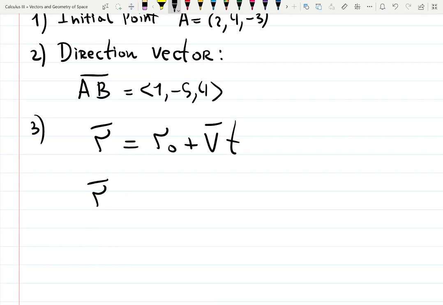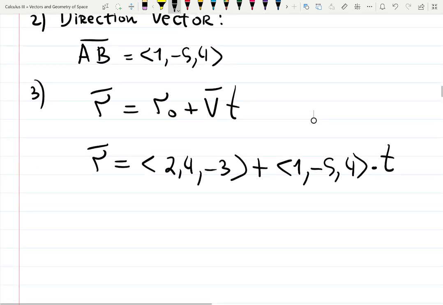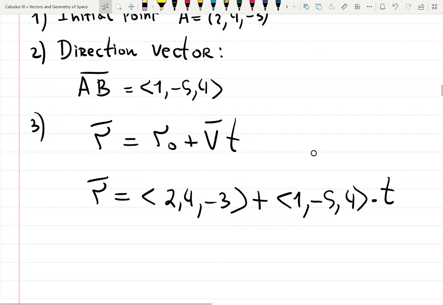So r will be r sub 0, which is 2, 4, and minus 3, plus vector v, the direction. We just found it: 1, minus 5, and 4, times t. So now do you feel comfortable with this or not? How I just did it.